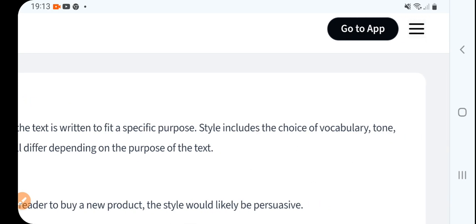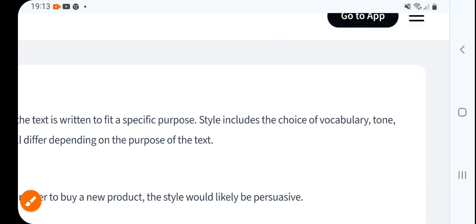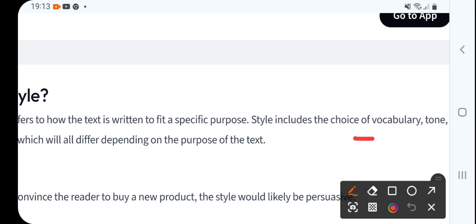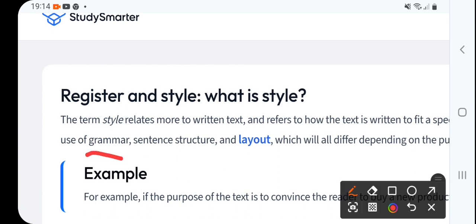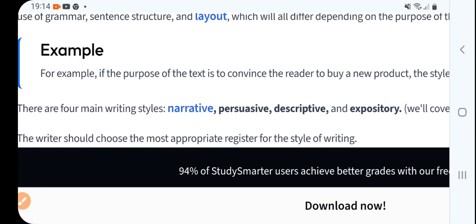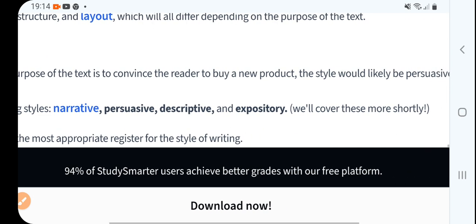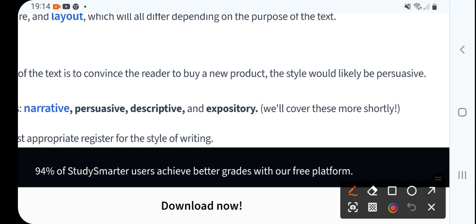Then grammar and sentence structure and layout, which all differ depending on the purpose of the text. For example, if the purpose of the text is to convince the reader to buy a new product, the style would likely be persuasive.